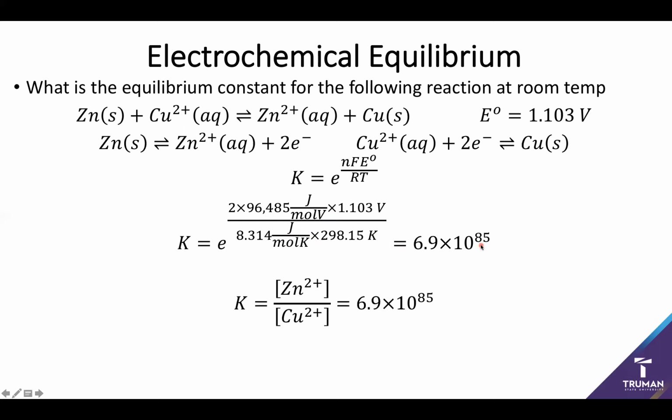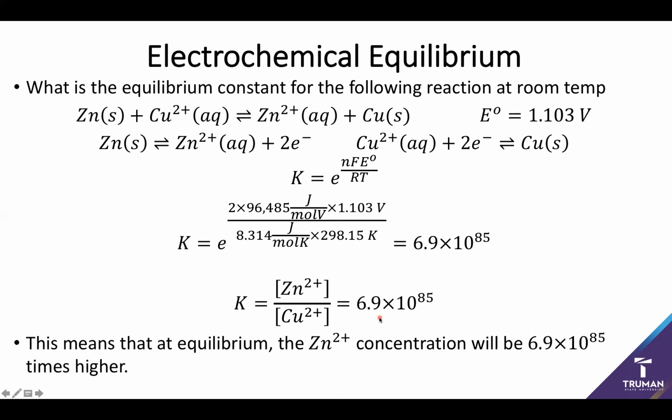And let's go ahead and interpret that a little bit more physically, because again, our equilibrium constant for this reaction can also be expressed as the concentration of zinc ions over the concentration of copper ions, which means that if I throw a bunch of solid zinc in with copper ions and let it sit for long enough, I should end up having a ratio of 7 times 10 to the 85th.